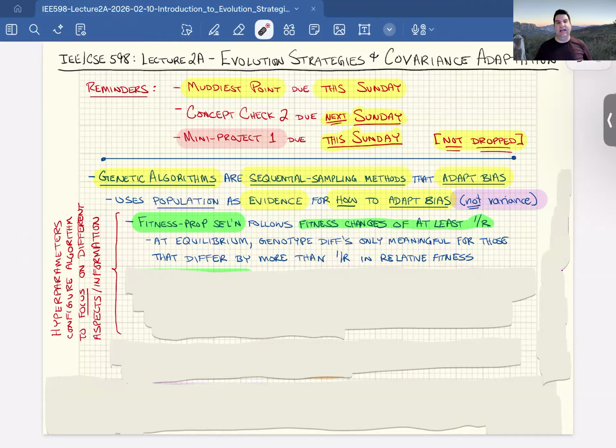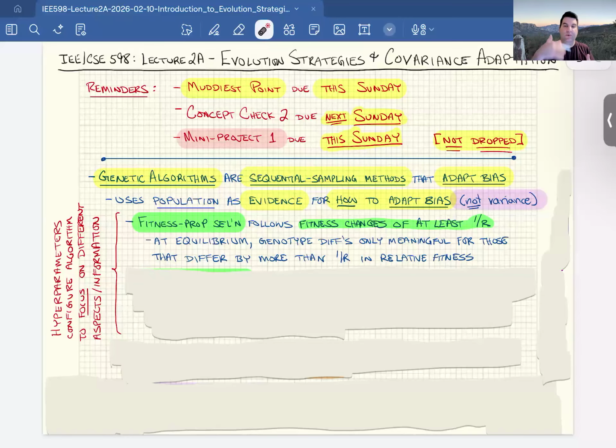If you have very few parents in the population, then across the individuals that come out at equilibrium at the end of the genetic algorithm, you might get a bunch of fitness variations.